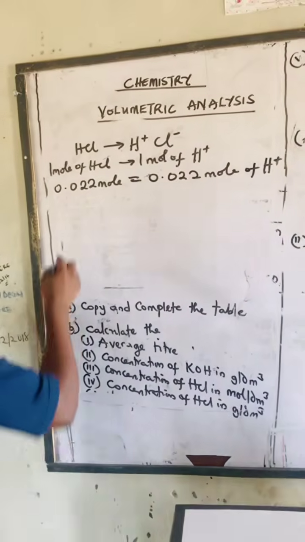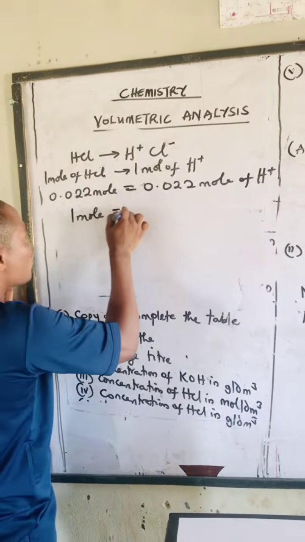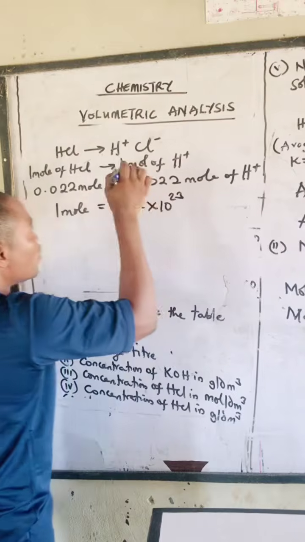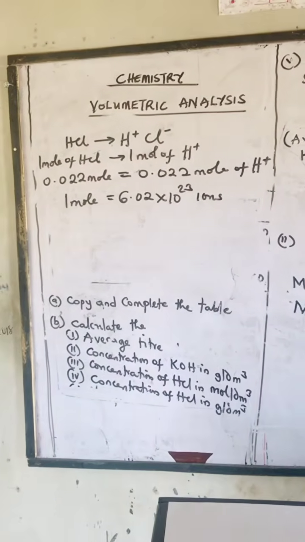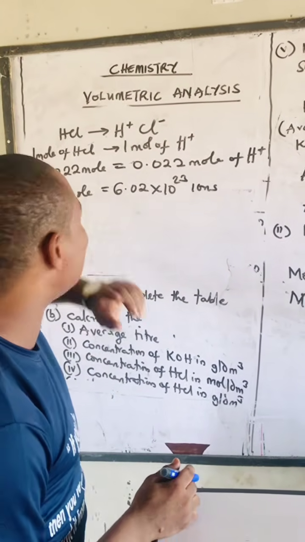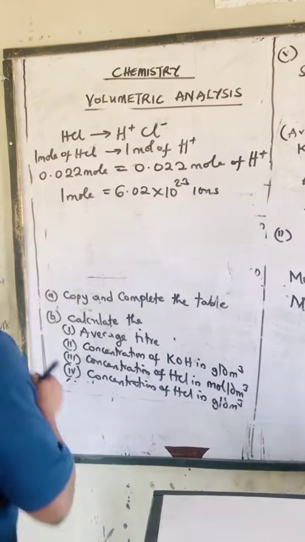Is that okay? Now, but don't forget that 1 mole of any substance is equal to 6.02 times 10 raised to the power 23 ions. Are we following? Now, for this mole, what will be the number of hydrogen ion that will be there?